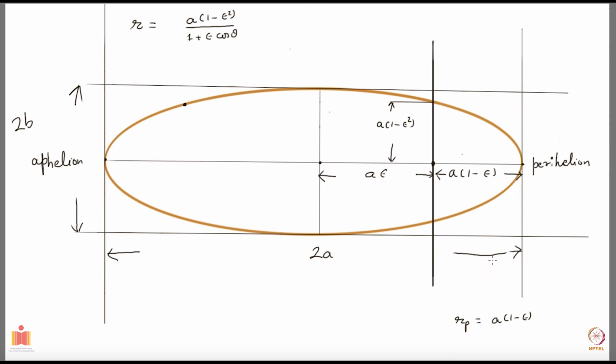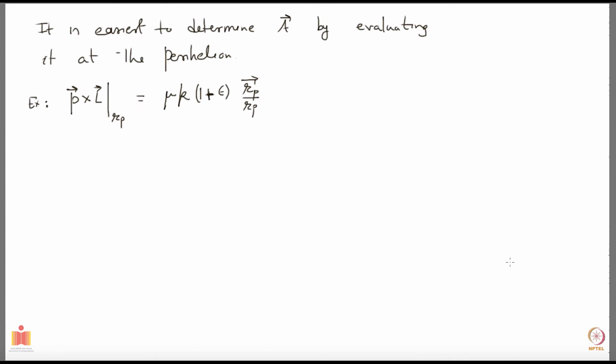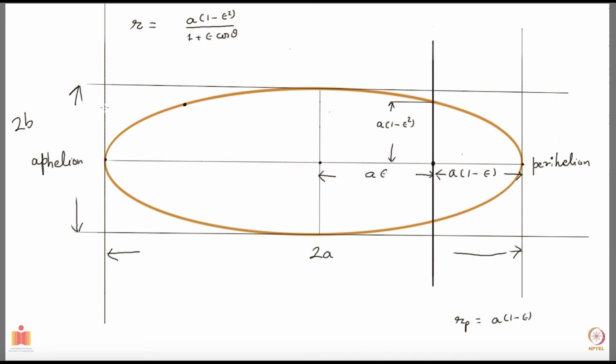I just removed it because I didn't want to clutter this page. And all you will really need to use is that P and L, so the momentum and the angular momentum at perihelion would be having 90 degrees. See here, the particle would be going in this direction.